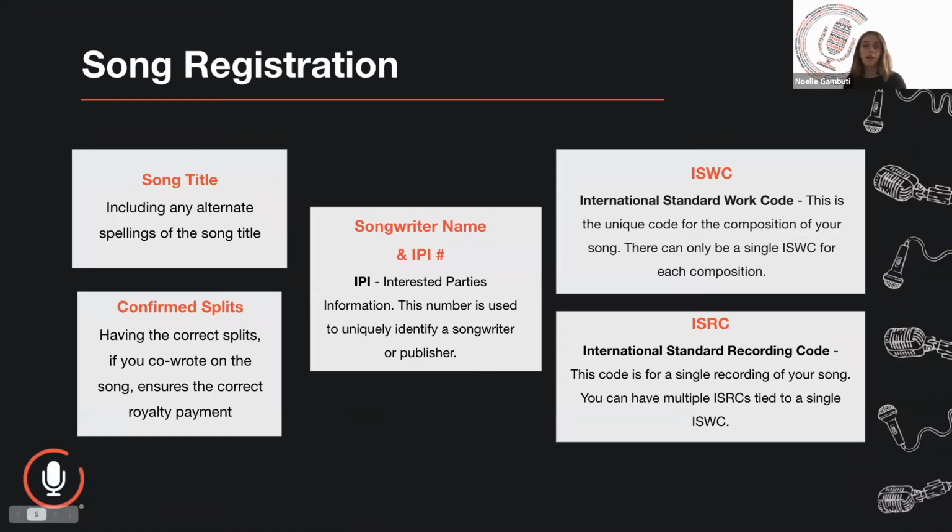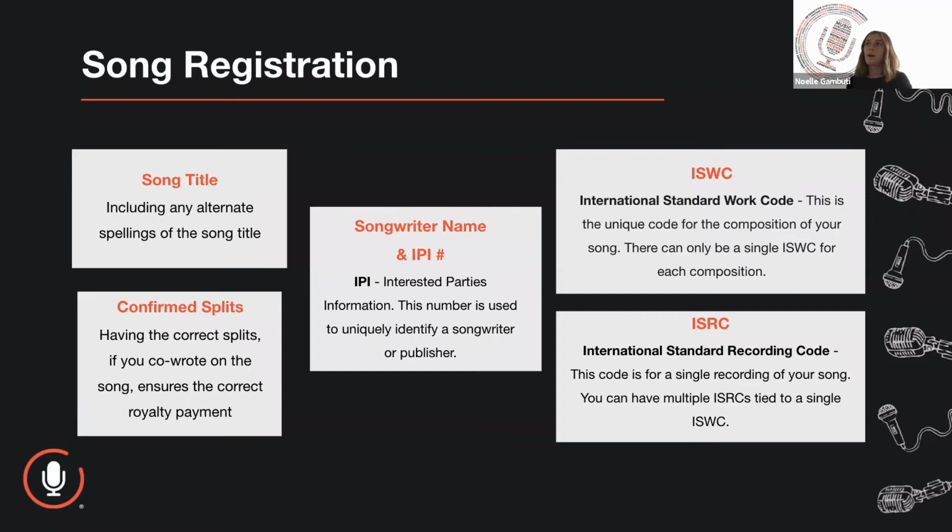So now we're going to go right into the platform walkthrough. But before we get into that, I would like to just touch on metadata and the information that you need to know about your songs before you can register them. Because when you register them, this is the information that you need.